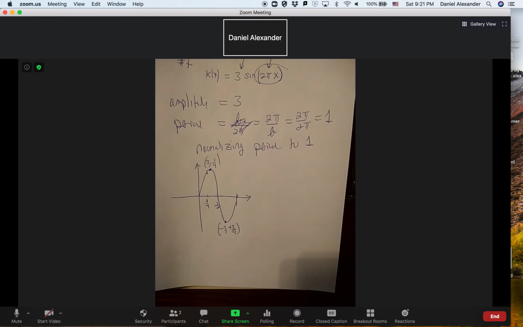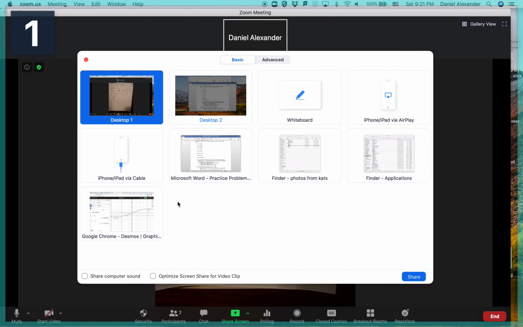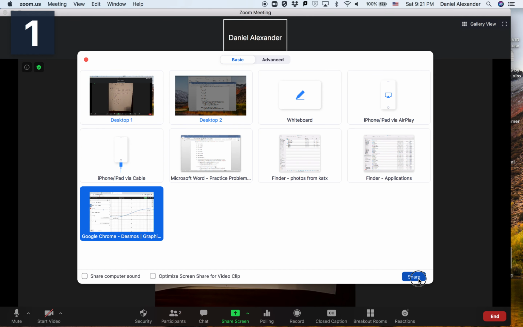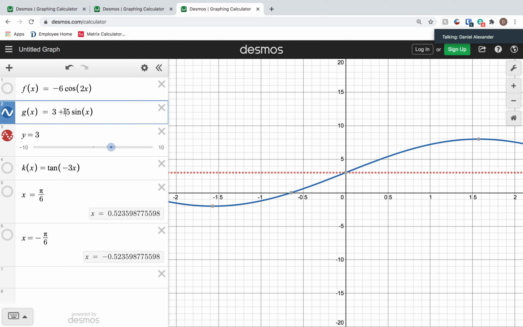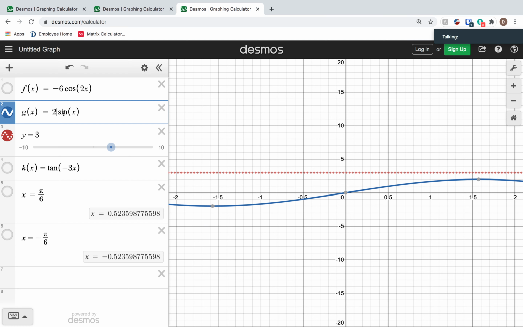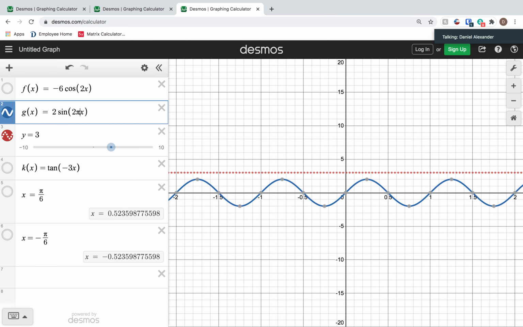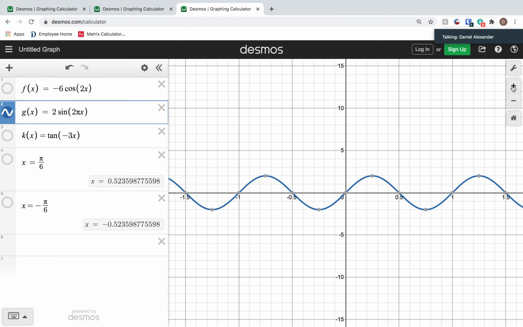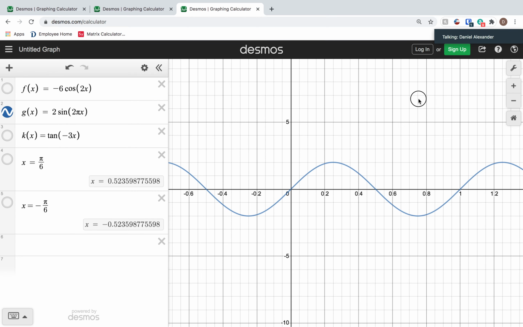Again, let's look at the graph and see what it looks like. Should look like a better version of that. So again, we're going to use the sine. We had a 3 here, and we had a 2 pi x here. We don't need this anymore. We can even come in a little bit and see what it looks like.